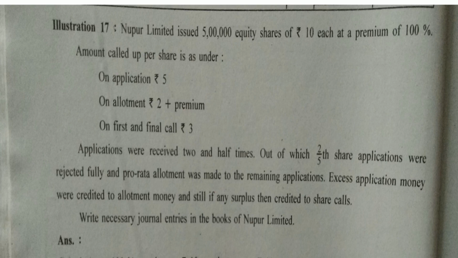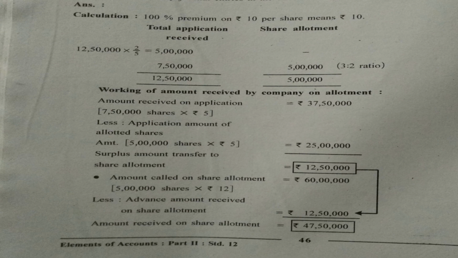So 2/5 share applications were rejected fully. So 2/5 of 12,50,000. This is 12,50,000 into 2 by 5. So 5 lakh applications have been rejected. That simply means that pro rata allotment of share has been made.